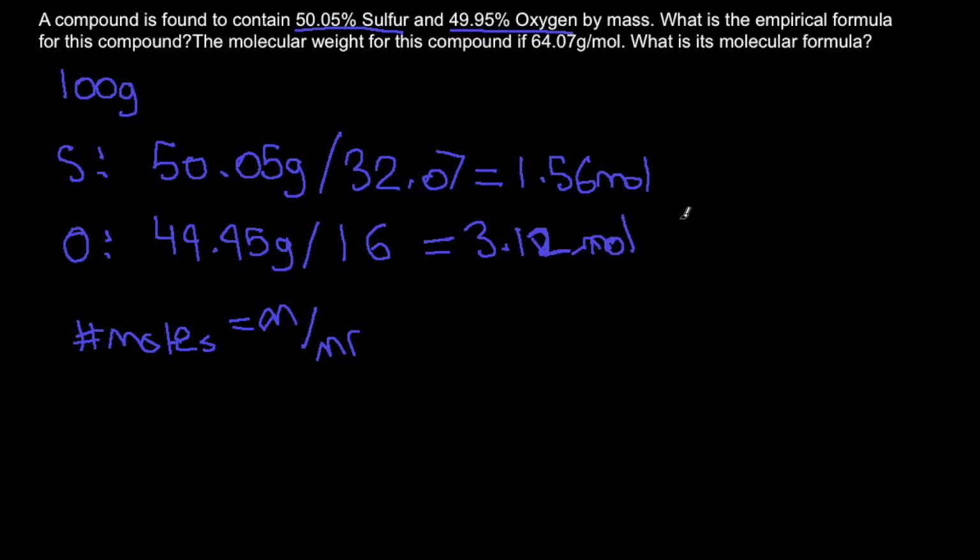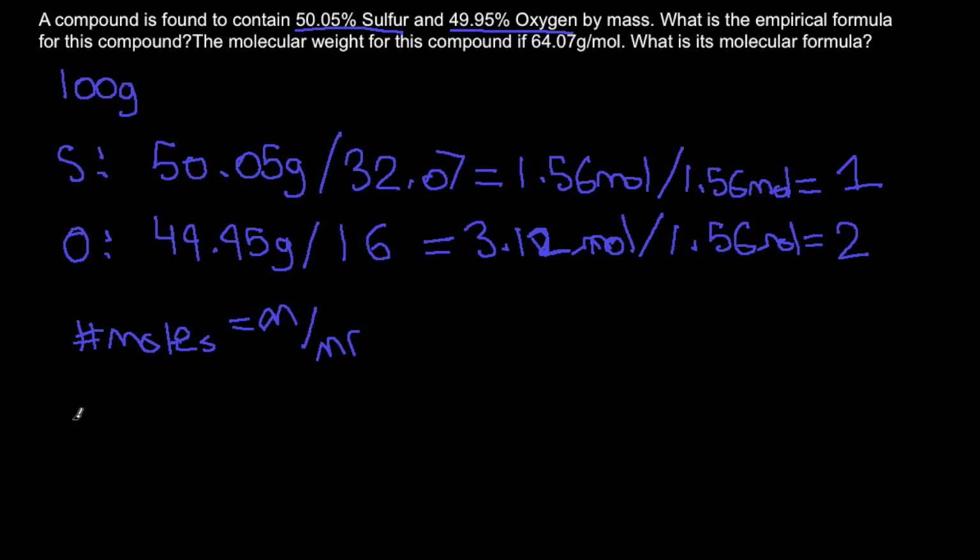So what you're going to want to do is determine which one is the lowest and divide both numbers by that. So clearly 1.56 is lower than 3.12, so we're going to divide both numbers by 1.56 mole. So 1.56 divided by 1.56 is of course 1, and 3.12 divided by 1.56 is going to be 2.